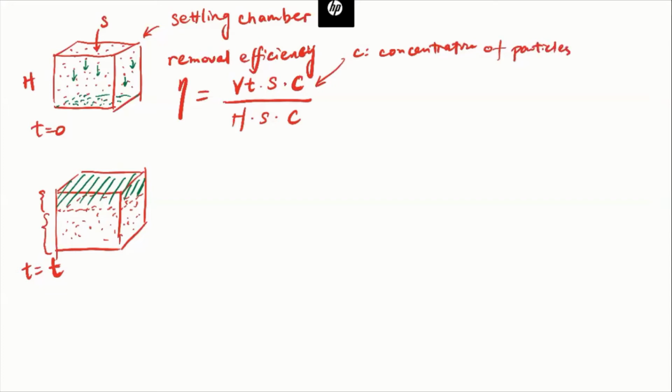For this equation, you can see that quite many terms get canceled out. C got canceled, S got canceled, and finally we just have Vt divided by H.